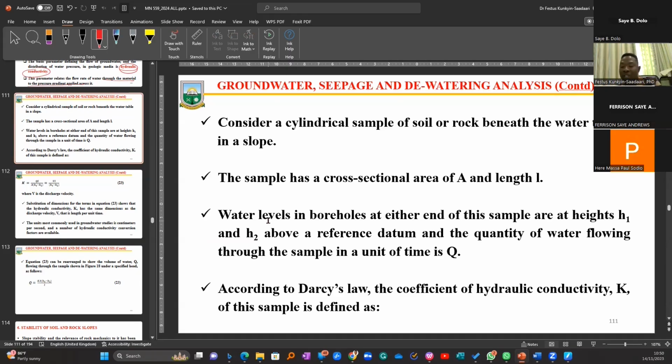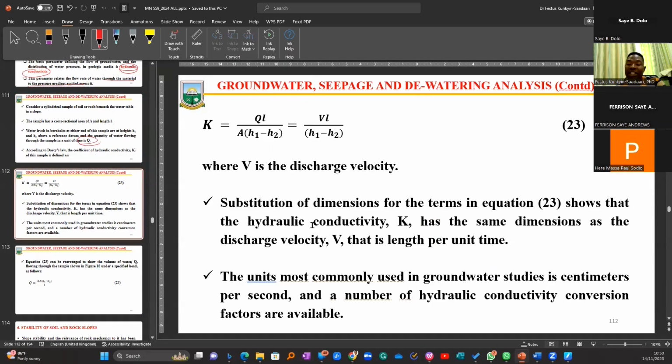And the quantity of water flowing through it is determined as Q. So we can use this same Darcy's law to determine this particular flow rate or the hydraulic conductivity of the two boreholes. And that can be deduced using this.